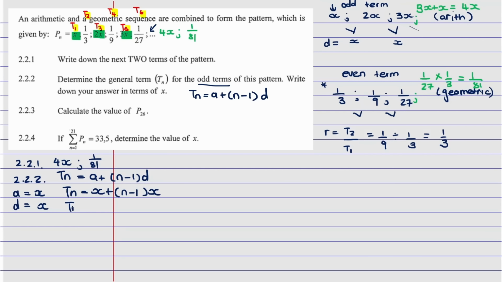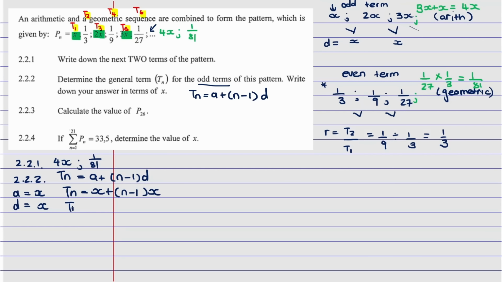So here we're going to find T13, which is equal to 1 over 3 to the power 13 minus 1. I hope that makes sense. So T13 is equal to 1 over 3 to the power 12.